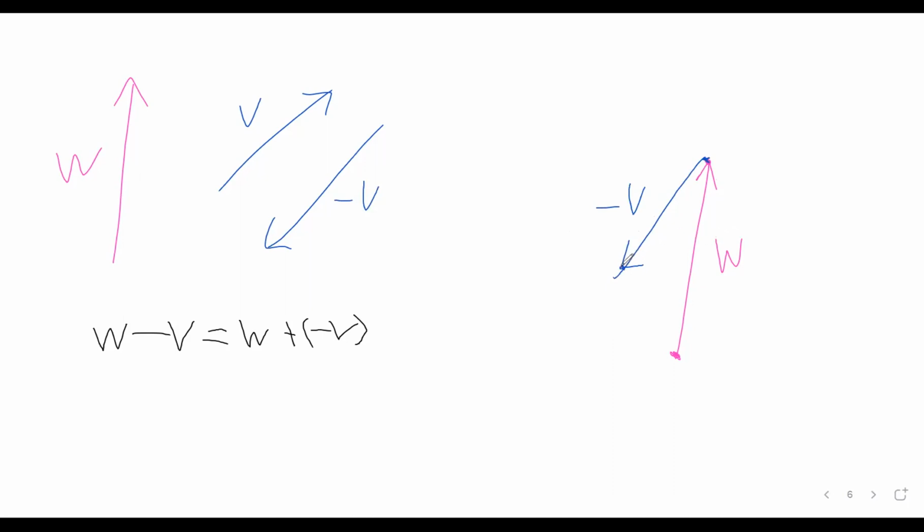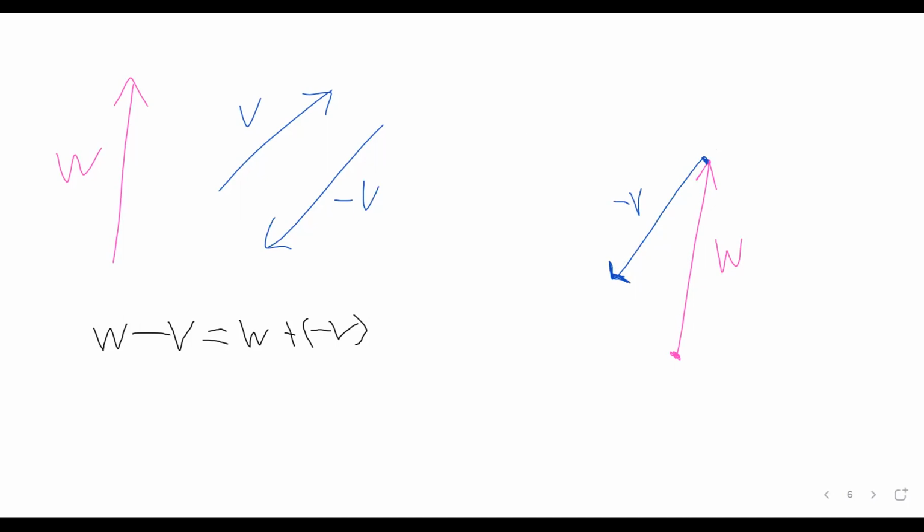Okay, so this is negative V. And so, right, the initial point of negative V is at the terminal point of V. They meet at the same spot. It's not a different spot.